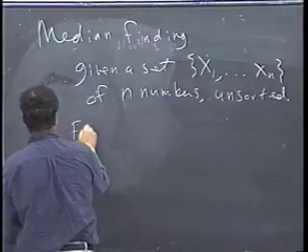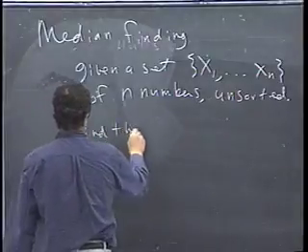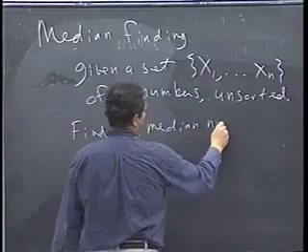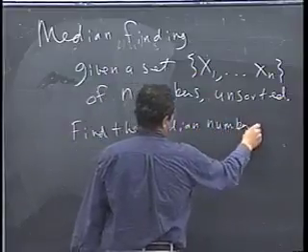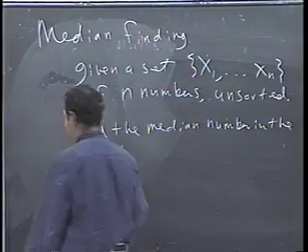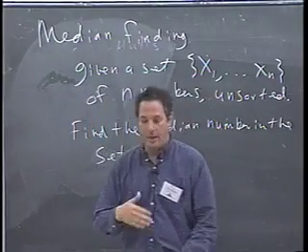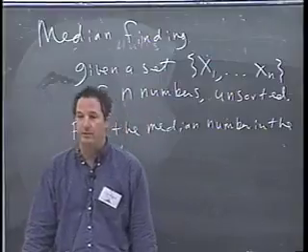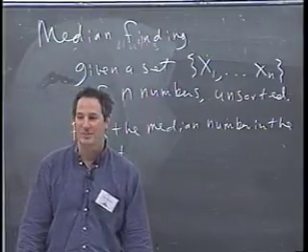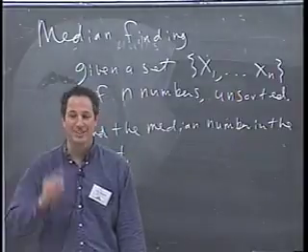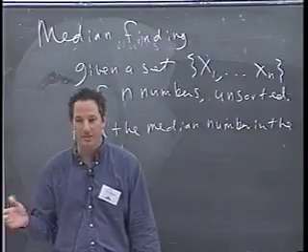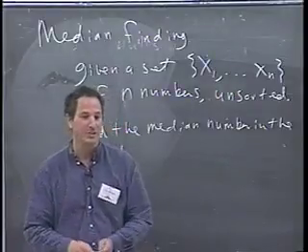And the problem is to find the median number in the set. Well, the median is the number such that half the elements are less than it and half are bigger than it. Anyway, half the elements roughly are less than it, and half roughly are larger than it.